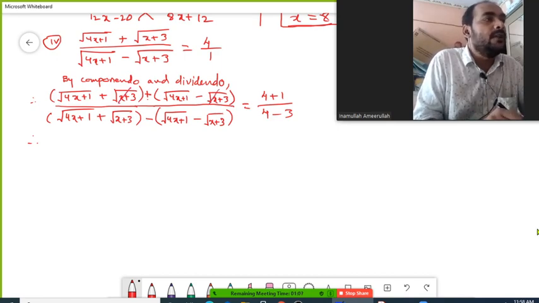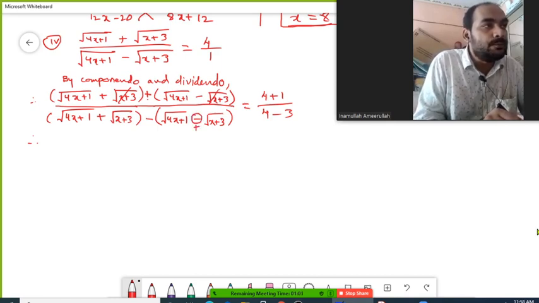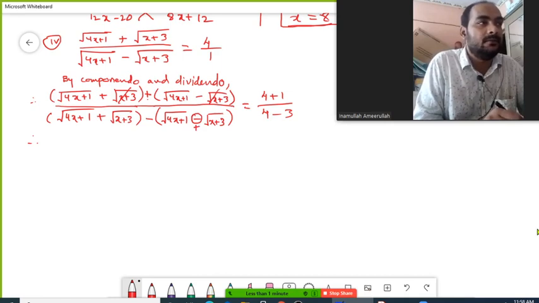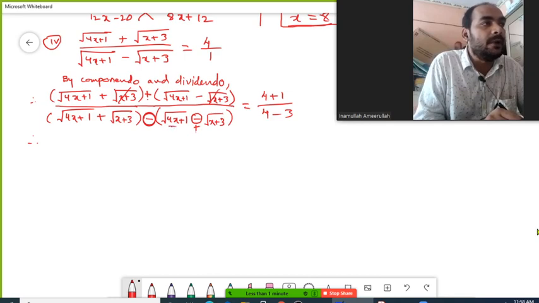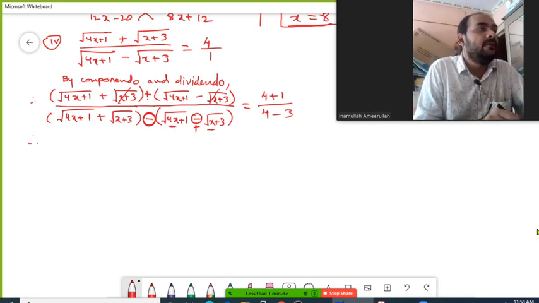And when you open brackets in denominator, this negative sign will change to plus, because here we have minus sign out of the bracket. So this minus and this minus will multiply, and this will become plus and this will become minus. So this is negative and this one is positive, so it will become 0.